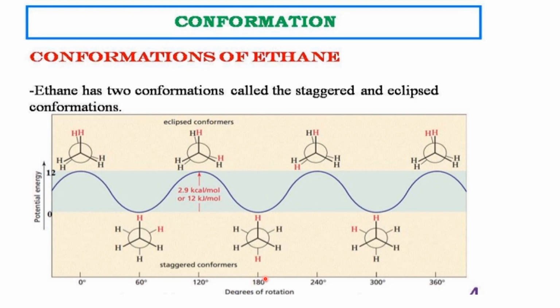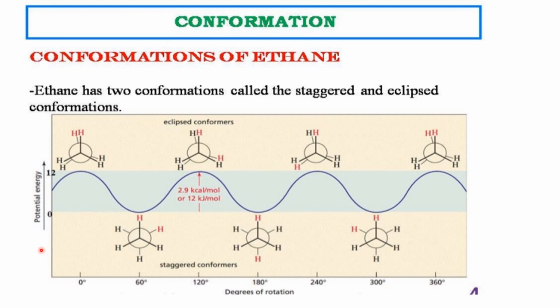Why is the dihedral angle 180 here? Because the first hydrogen atom of the first carbon atom and the first hydrogen atom of the second carbon atom are exactly opposite to each other. That is why the angle becomes 180 degrees. Again it converts to the eclipsed form, then the staggered form, finally to the eclipsed form.